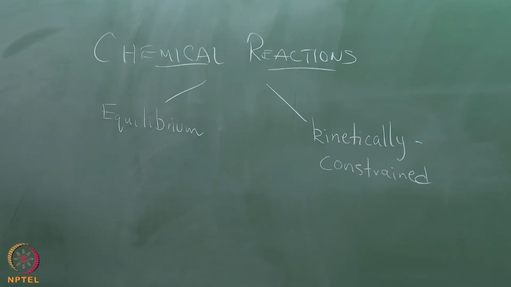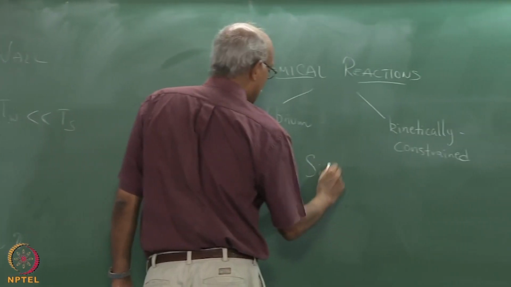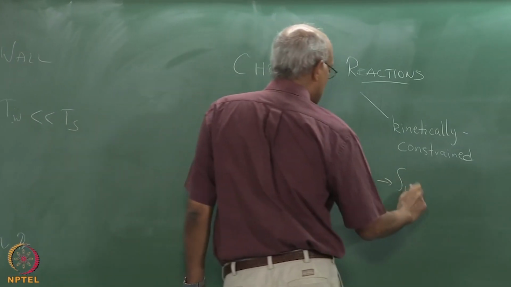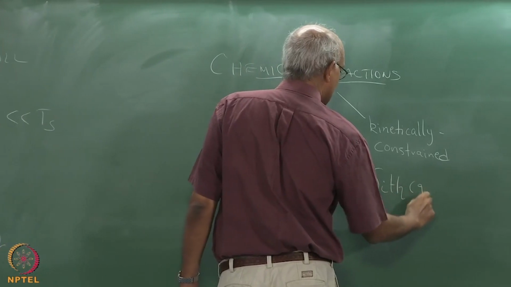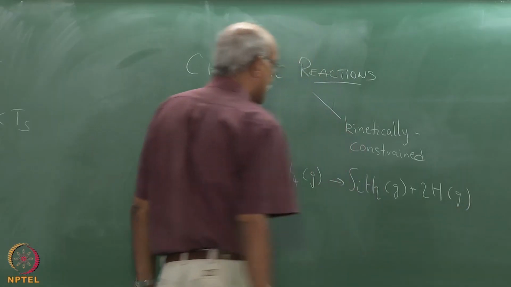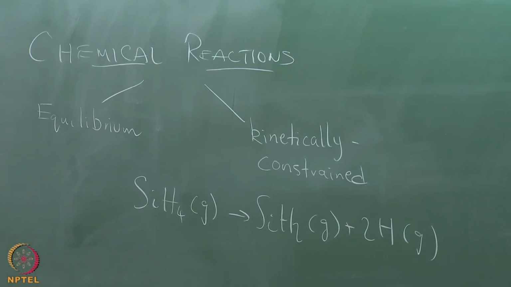So, what that means is, if I look at a very simple reaction inside this CVD reactor, where let us say SiH4 gas goes to SiH2 gas plus 2H, which is a typical gas phase reaction that would happen in a pyrolysis CVD reactor, where SiH4 is getting broken down into Si plus 2H2.